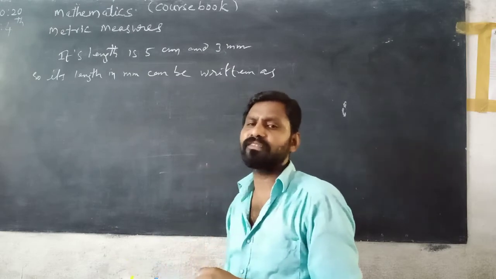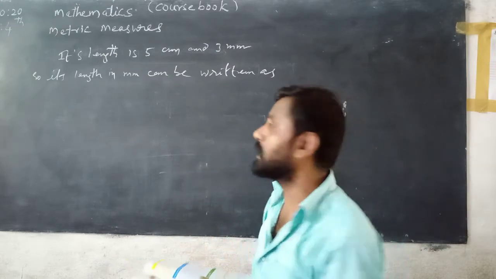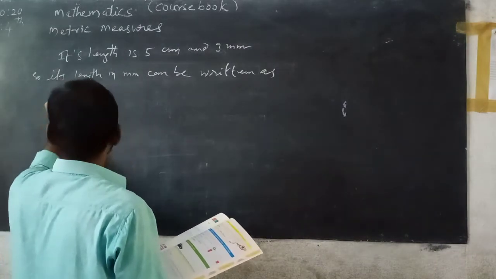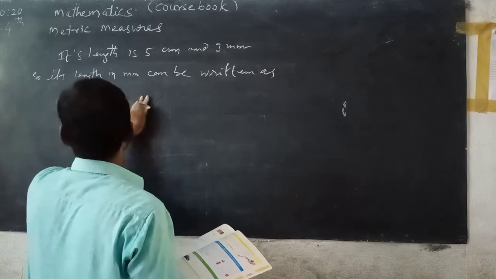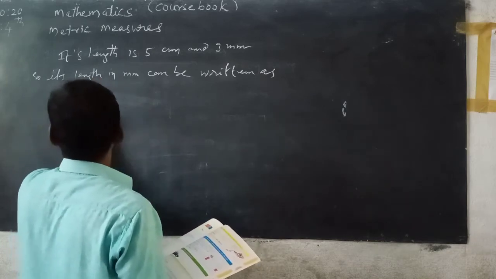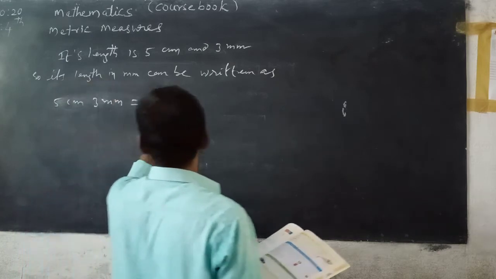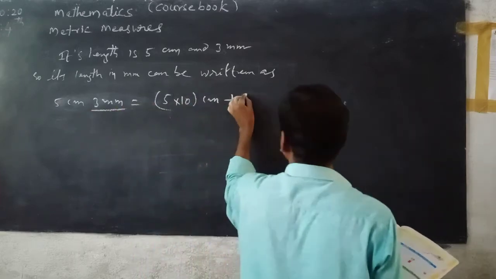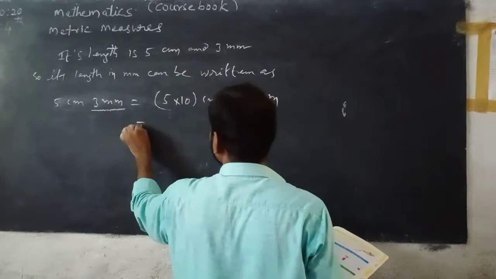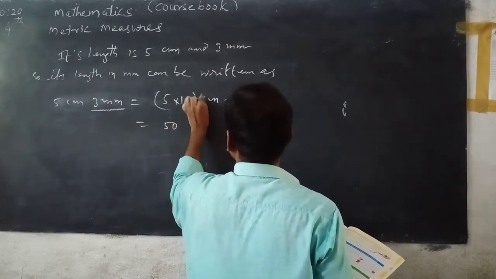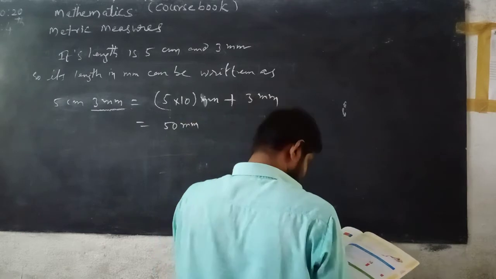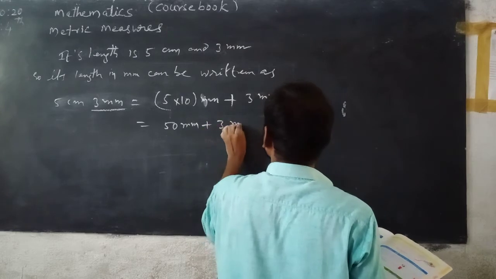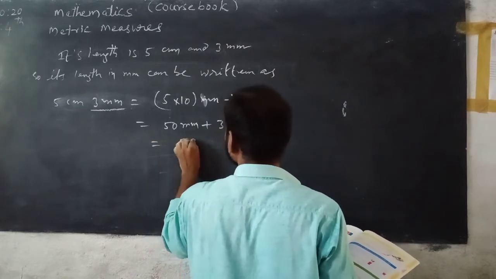Centimeter is converted into millimeter, means I have to take multiplication. So 5 multiplied by 10, 5 into 10 millimeter. So you can write 5 centimeter 3 millimeter is equals to 5 into 10 millimeter plus remaining 3 millimeter. So that is equals to 5 into 10, 50 millimeter plus 3 millimeter. We can get 50 plus 3, 53 millimeter.